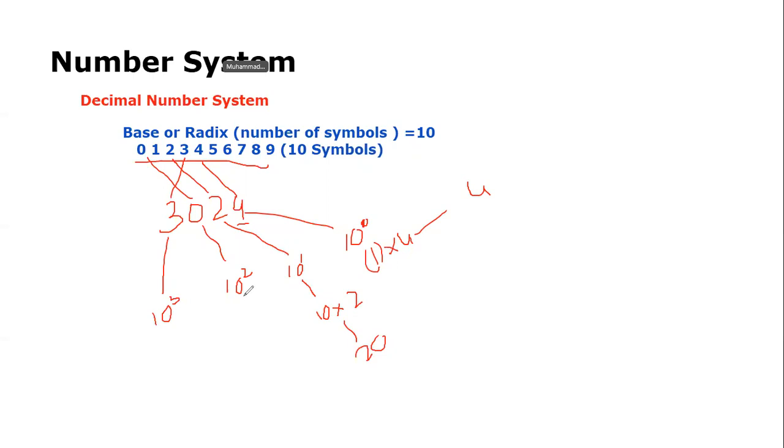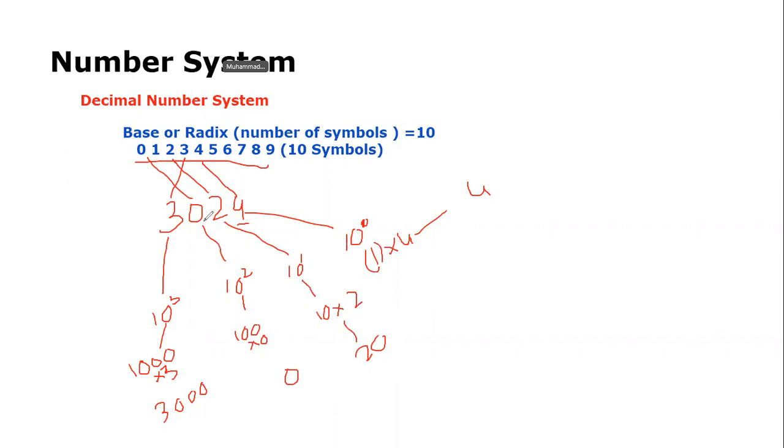The next number's worth is 100, and it's being multiplied with 0, so its value is 0. Its worth is 1000, and it is being multiplied with 3, so the value becomes 3000. So if you accumulate the complete number, it is 3024, right?